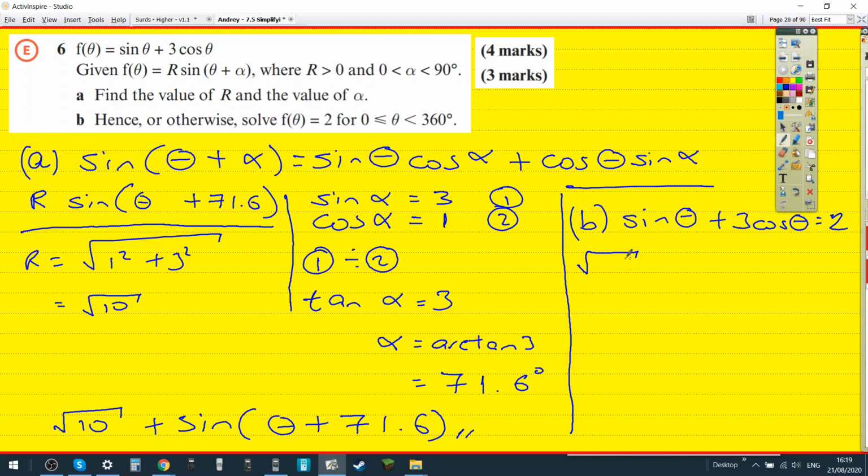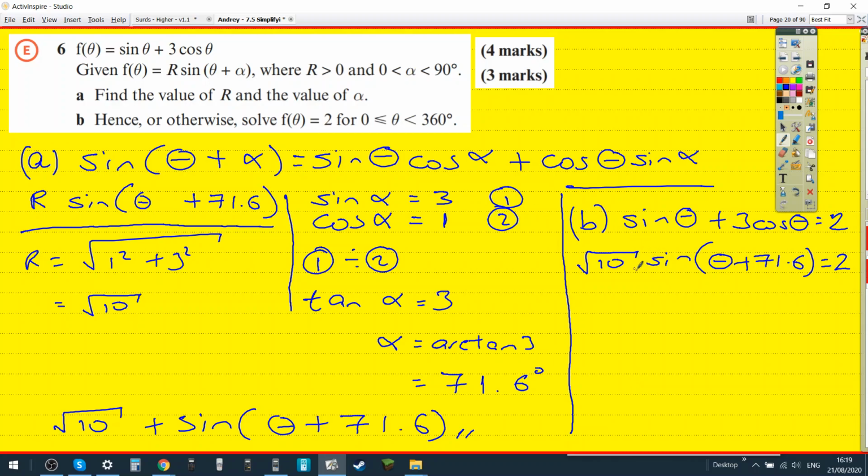Yeah. Do I now need to do 2 minus root 10?